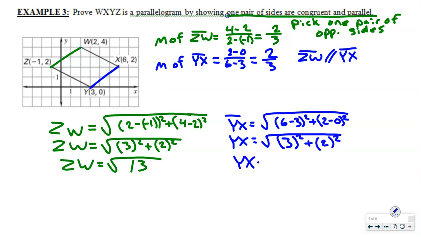So we do show that those are congruent as well. So ZW is congruent to YX. So we're able to show both, that they're parallel and they're congruent. So we were able to prove WXYZ is a parallelogram.